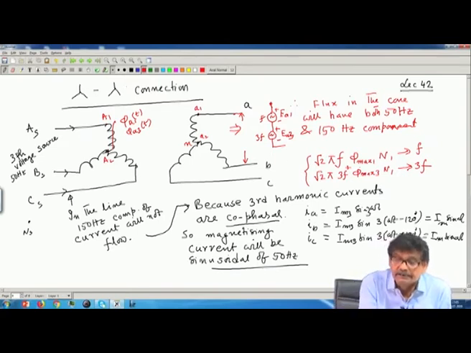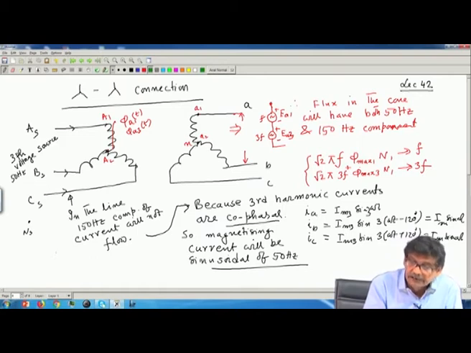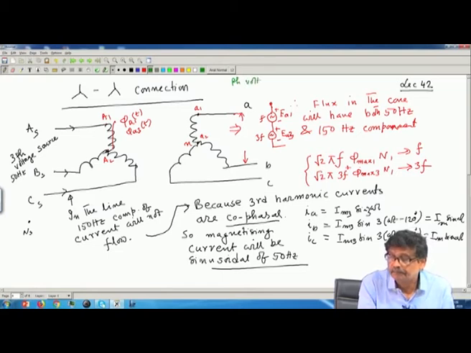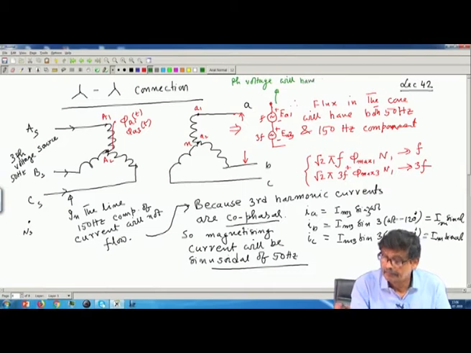So, phase voltage, as this diagram suggests, will have both 50 hertz and 150 hertz.